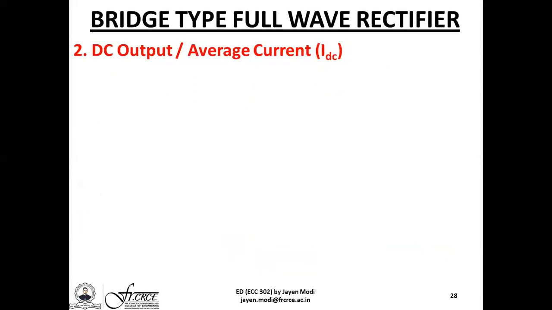In an exactly similar way, the expression for DC output or DC average current IDC is given by IDC is equal to integral 0 to pi Im into sine theta d theta, the whole term divided by pi. The only difference here being that where we had VDC, we now have the term IDC, and where we had Vm, we now have the term Im.